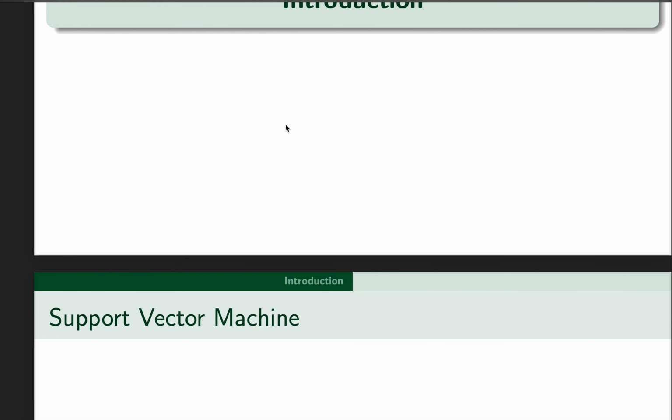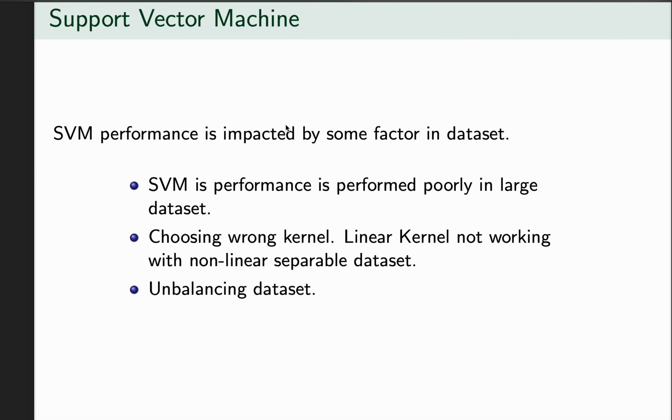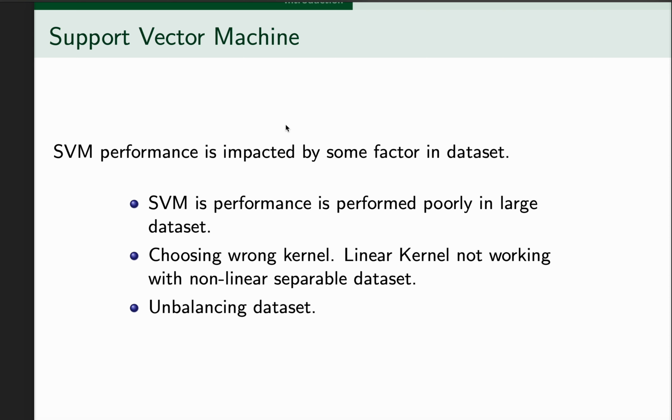Support vector machine has some weaknesses. First, its performance slows down on very large datasets, and it is impacted by choosing the wrong kernel.